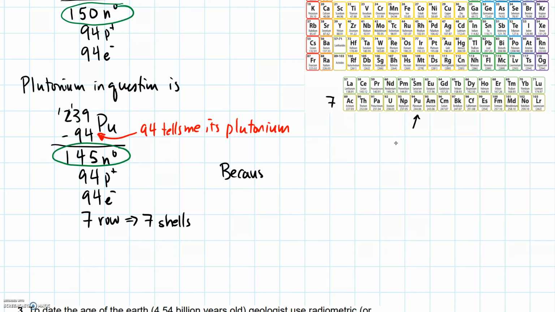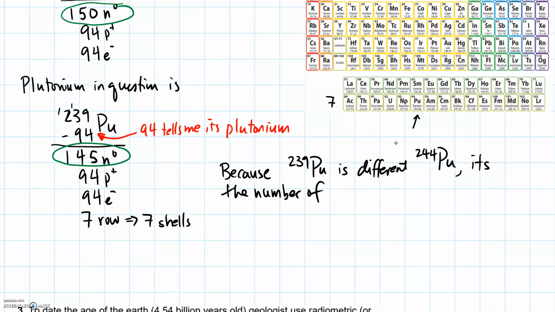Because 239 plutonium is different than 244 plutonium, it's the number of neutrons that determines the isotopes. So these are two different isotopes.